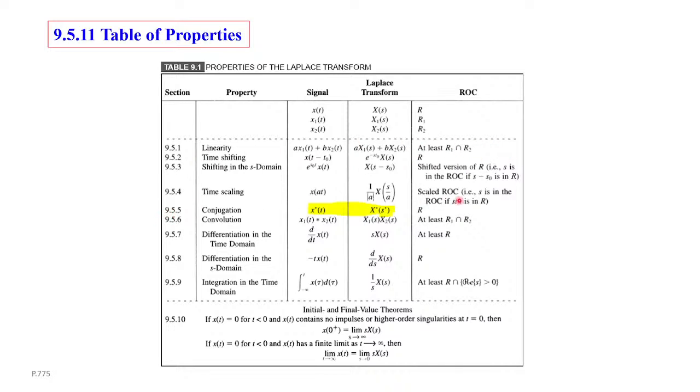And sometimes the ROC gets shifted. Like with time scaling, your ROC will also get scaled. And if you're shifting s, obviously your ROC will get shifted. Also a little different is when you do integration in time, the ROC doesn't get a singular part, just one side.